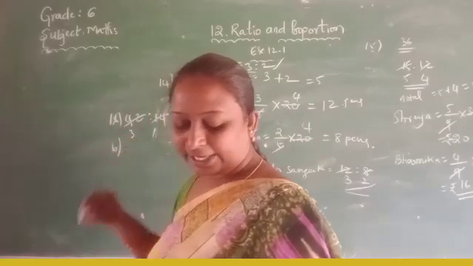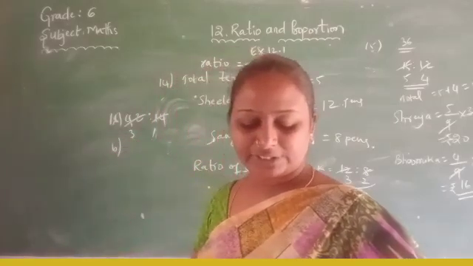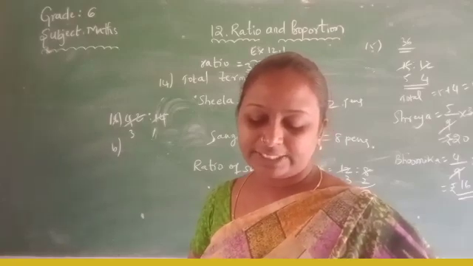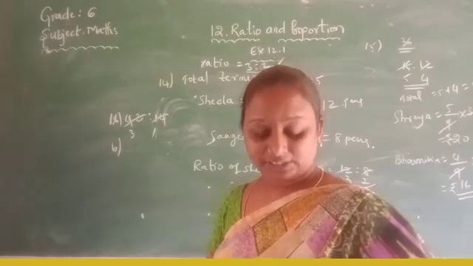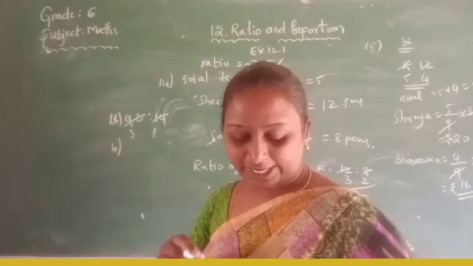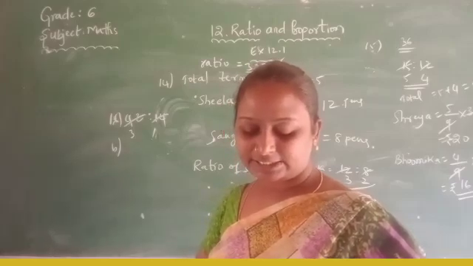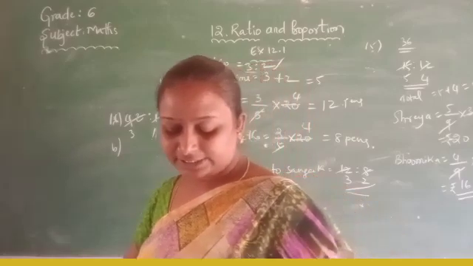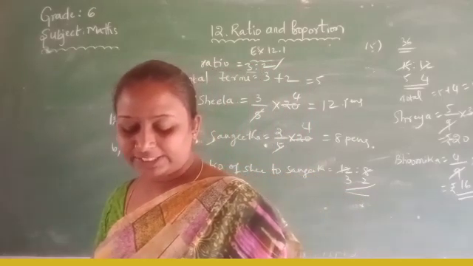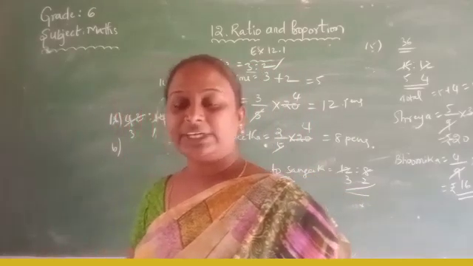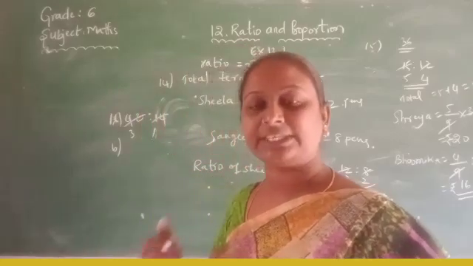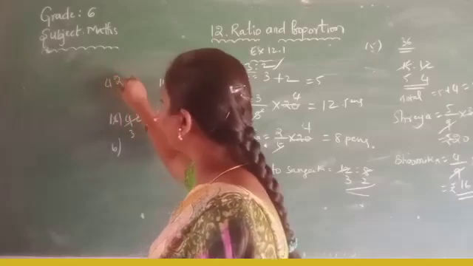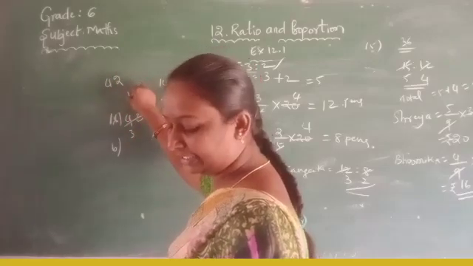Second one: the age of father to the age of son when the son was 12 years old. Okay, so when the son was 12 years old, the father's age was actually 40 years. The father's age is 42, the son's age is 14 years.